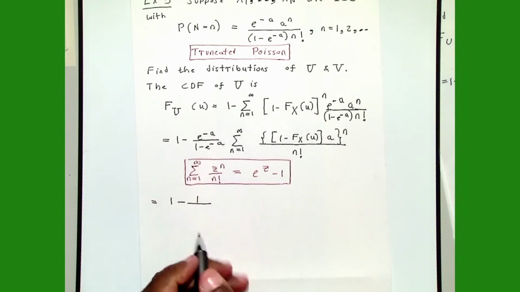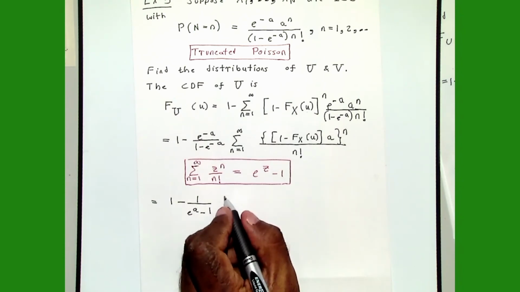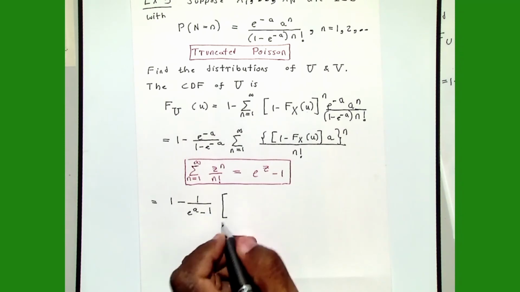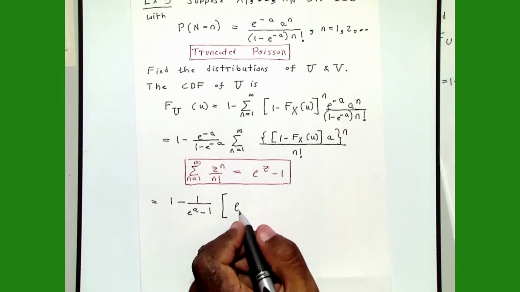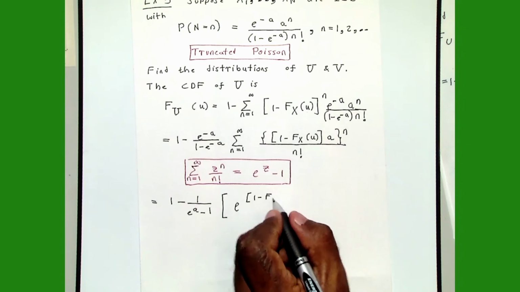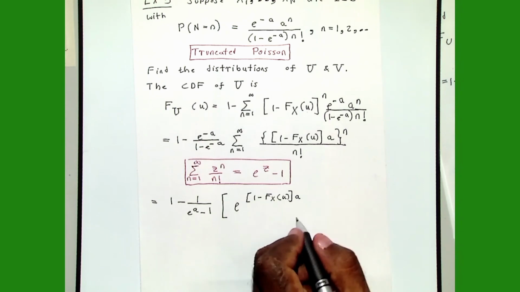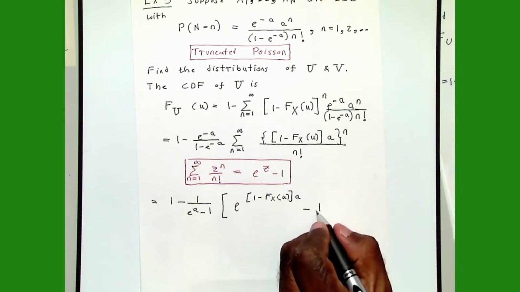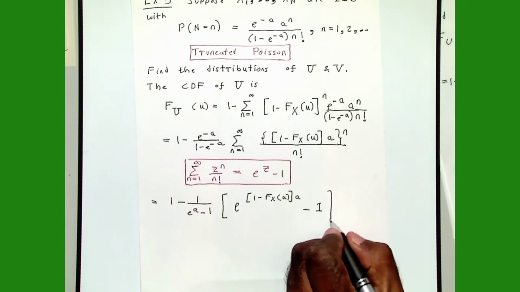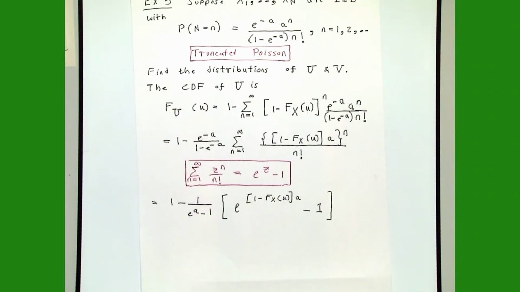You can also simplify this to this. So this is the CDF of U for example 5. Now the next thing is to find the CDF of V.